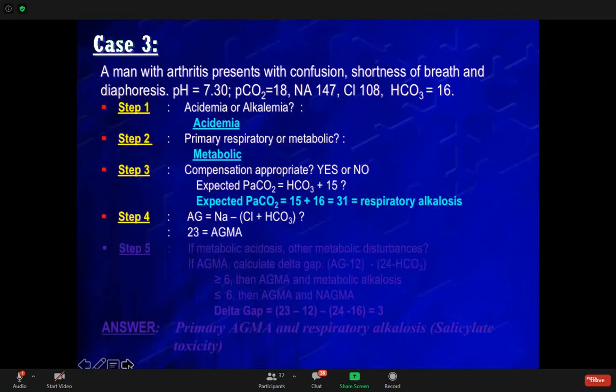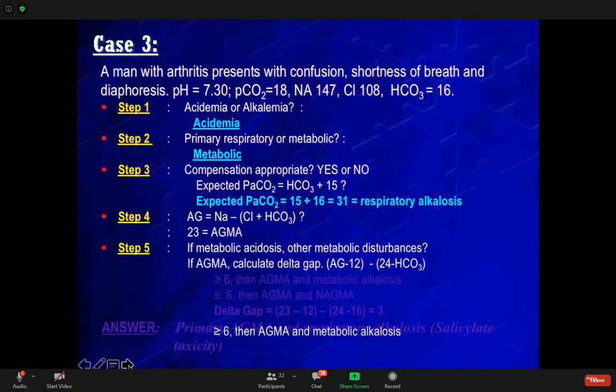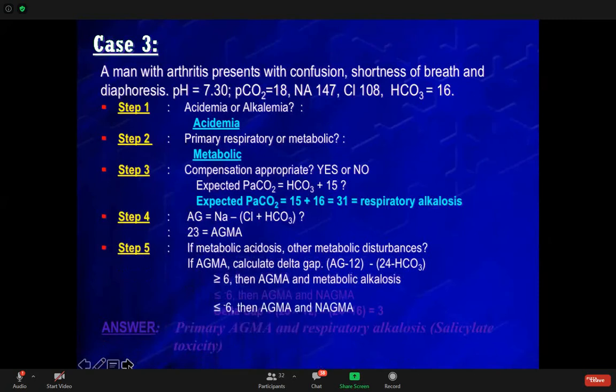Okay. طيب step 5 طبعا اللي هو calculating delta gap. I don't expect you guys to know it. بس there's no delta، يعني delta gap is between -6 and 6 so there's no other metabolic disturbance.